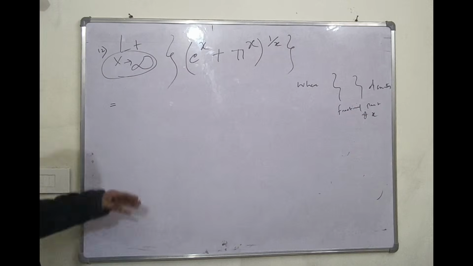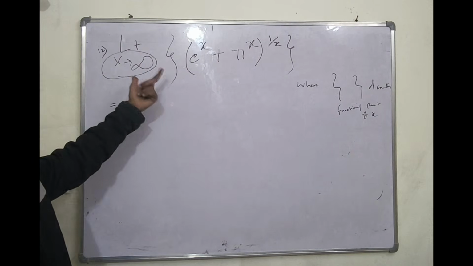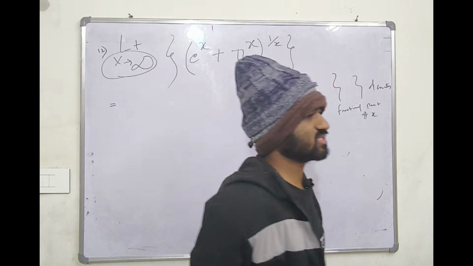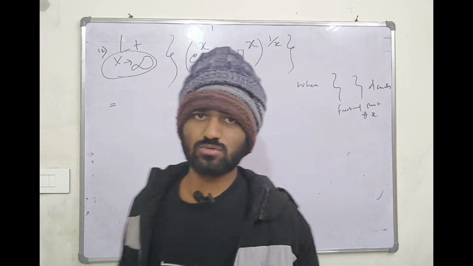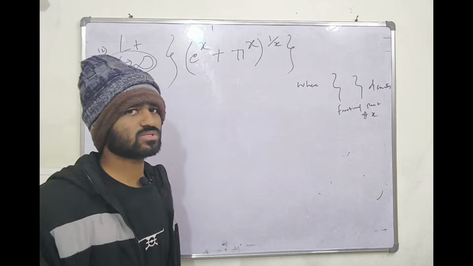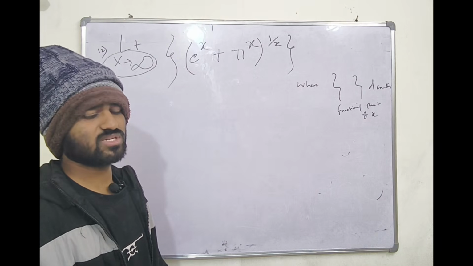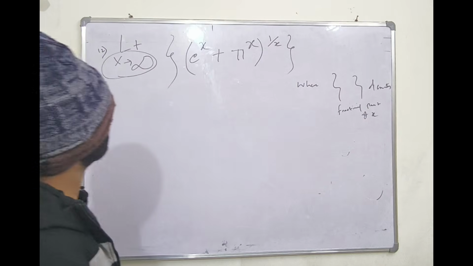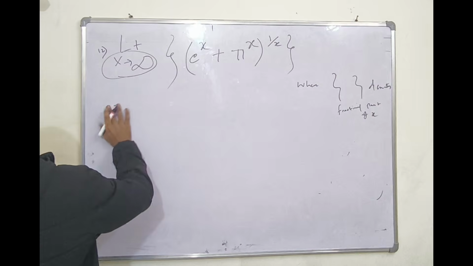Note that there is no difference between left hand limit of infinity, which is infinity minus, and right hand limit, which is infinity plus. Both are the same because it is tending to infinity. Infinity is not exactly a number. So you can just directly substitute x there.